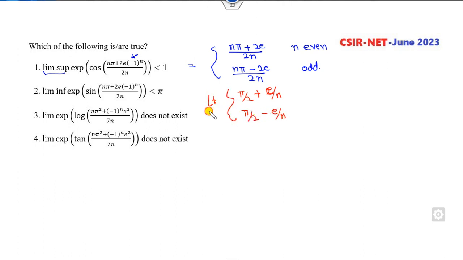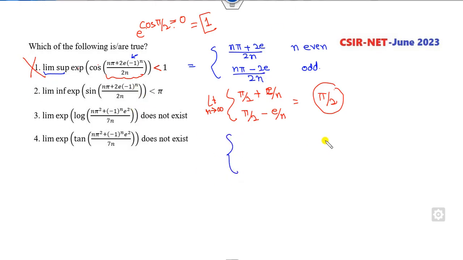Then take the limit as n approaches infinity, it is pi over 2. Once this limit is pi over 2, what is cos pi over 2? Cos pi over 2 is 0. e to the 0 is 1, but the option said strictly less than 1. Wrong.